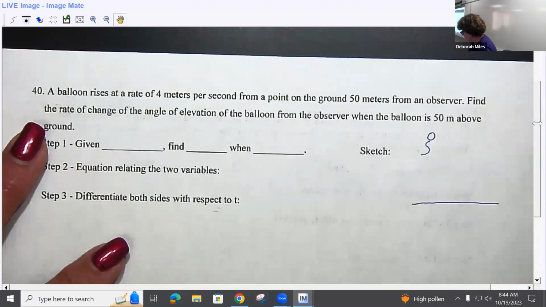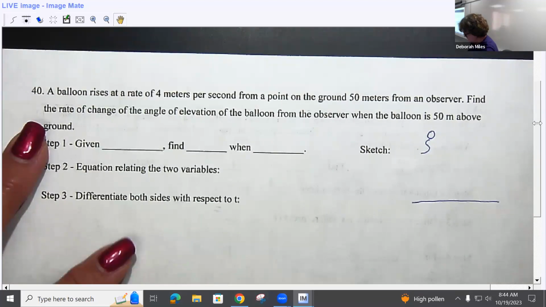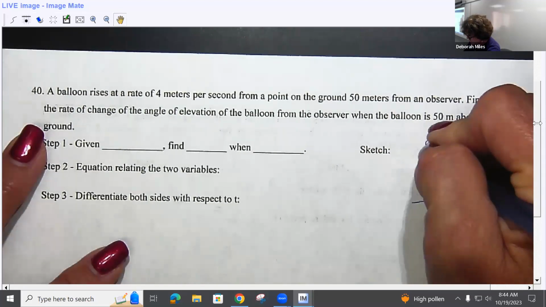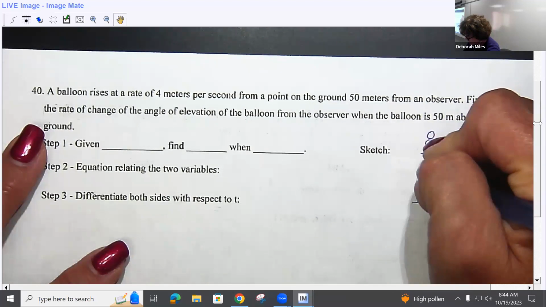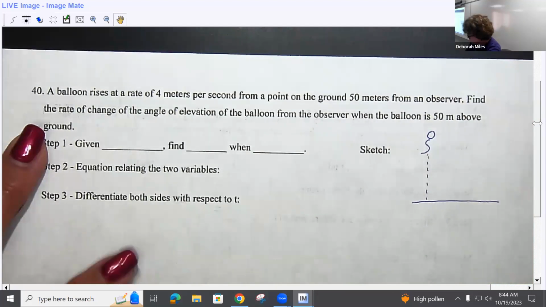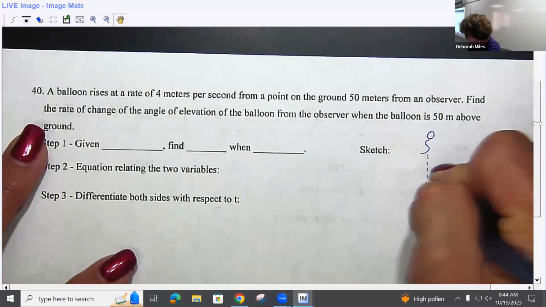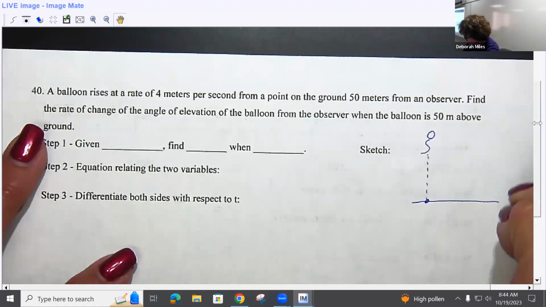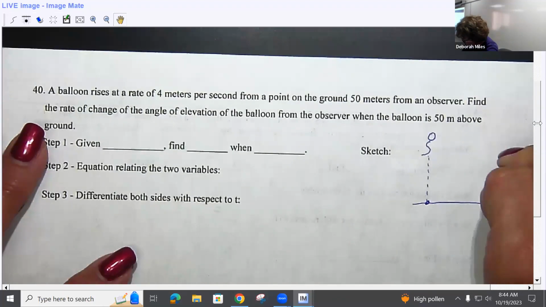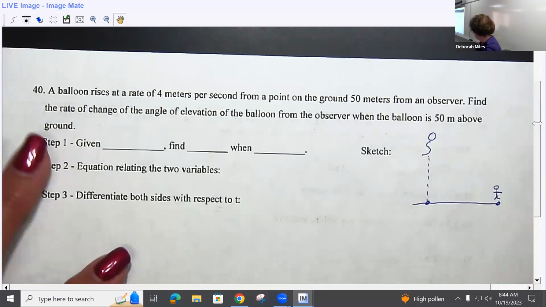You see where the observer is? Here's the point on the ground directly beneath the balloon, right there. Here's my observer. Right here.